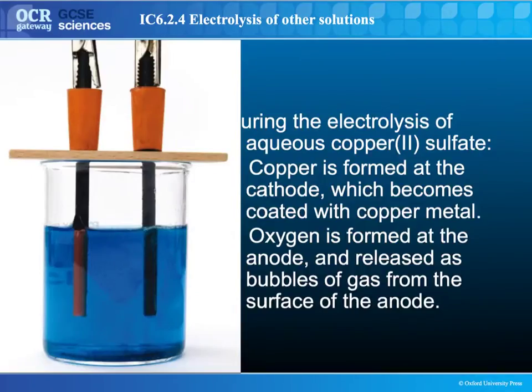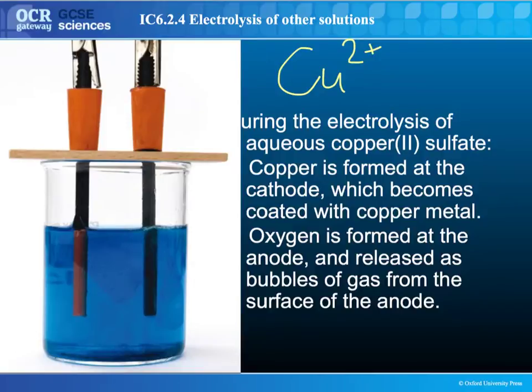Here is the example of aqueous copper sulfate. Copper sulfate is a blue liquid, and in aqueous copper sulfate you should be able to see the copper forming at this electrode here. That identifies that electrode as the cathode. You should be aware by now that copper is a positive ion.